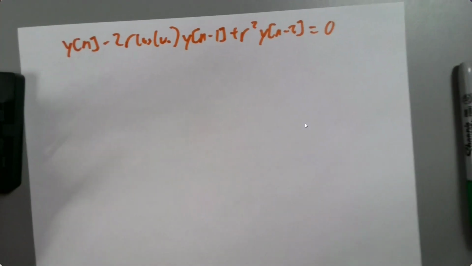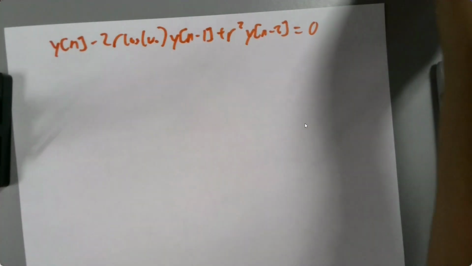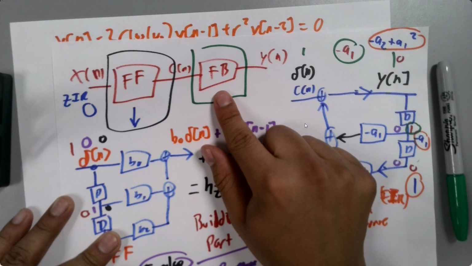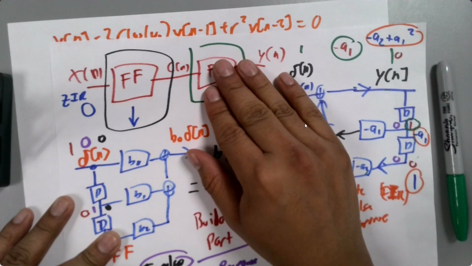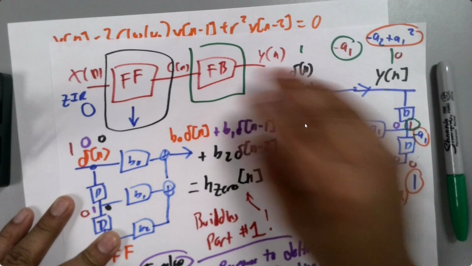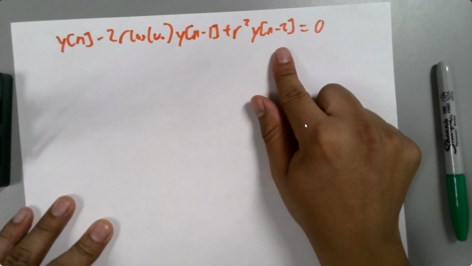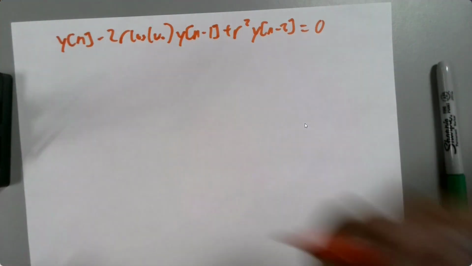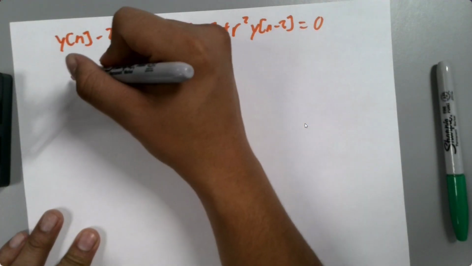treat this feedback path as purely its own part. So how do we solve for this? Just solve for these auxiliary equations. Remember that lambda trick?